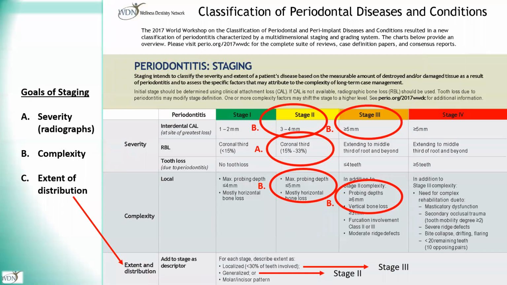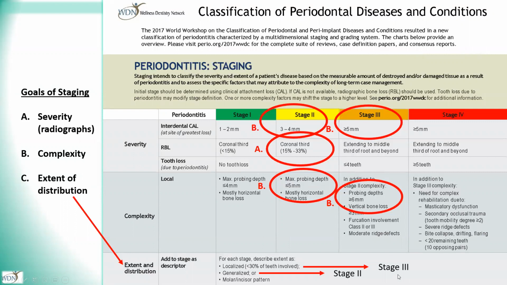So again, here's what we have as we look at the extent of distribution. We have a generalized condition on our stage 2 criteria, and we have some localized greater than 5 millimeter pockets and a couple of greater than 5 millimeters of clinical attachment loss and a couple pockets greater than 6.